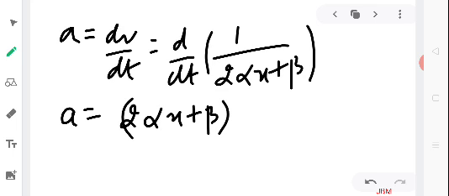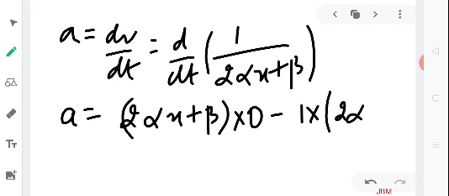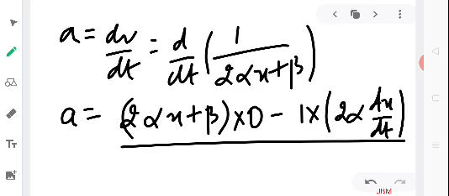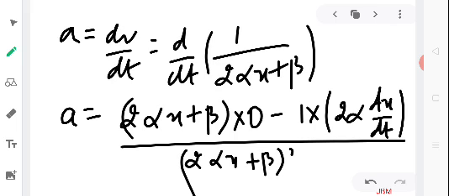Keep it, differentiate 1, that will become 0, minus, keep 1, differentiate the term, that will give you 2 alpha into dx by dt divided by 2 alpha x plus beta whole square. You will get this expression.